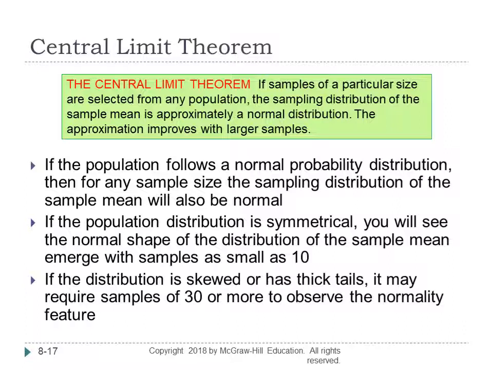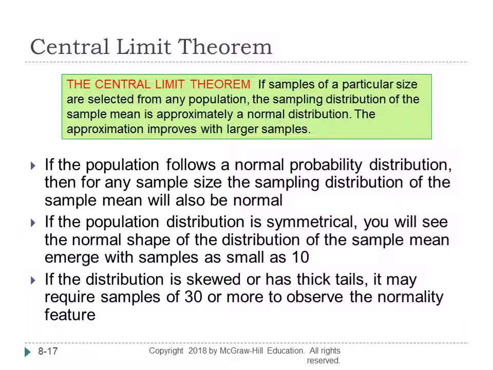The larger your sample is, the closer it will be to being a normal distribution. If you take your sample large enough, then the distribution for the mean will be close to a normal distribution.